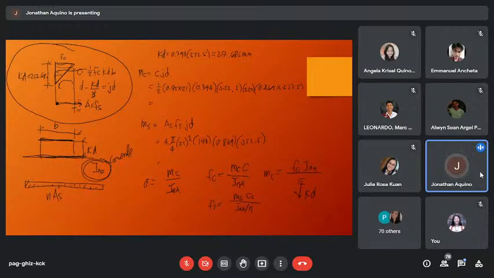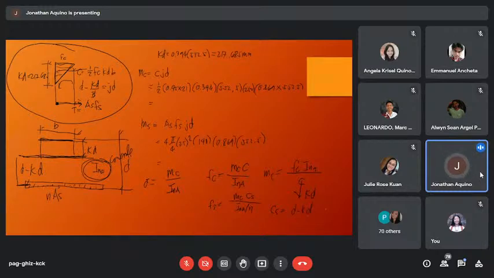So this CS, okay, or this distance from the centroid to the centroid of steel. So if this is the effective depth, this one is D minus KD. So CS is just simply D minus KD.